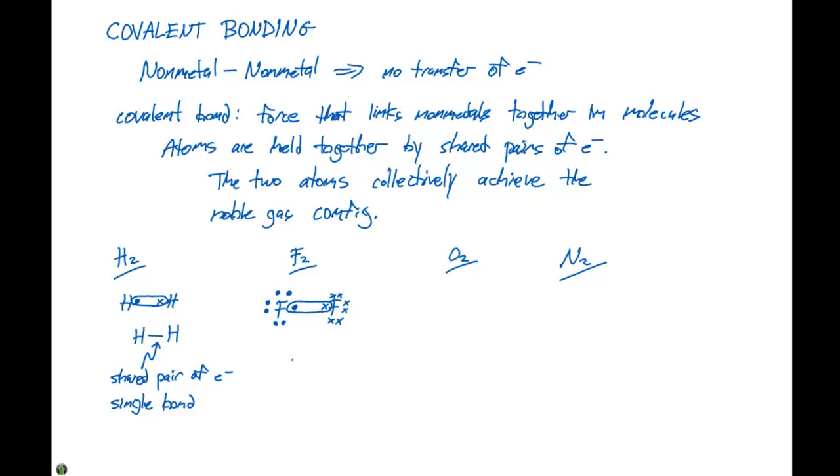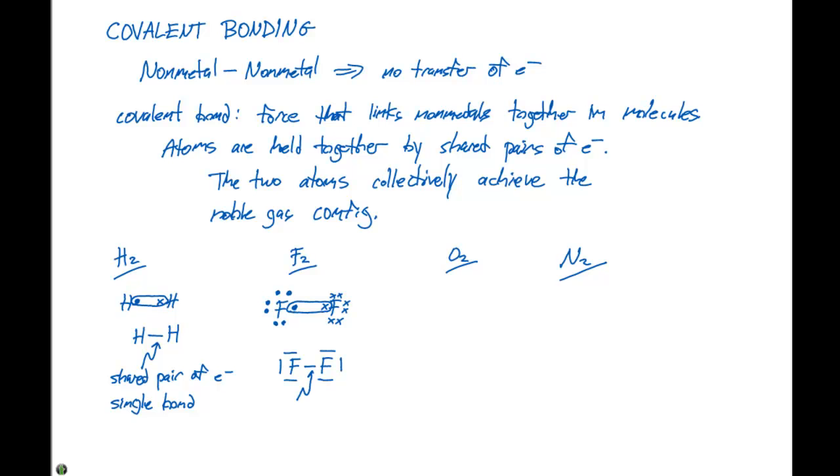So when we draw a fluorine molecule, we have the bond forming between the electrons that I've circled, and each fluorine then has 3 lone pairs of electrons around it.